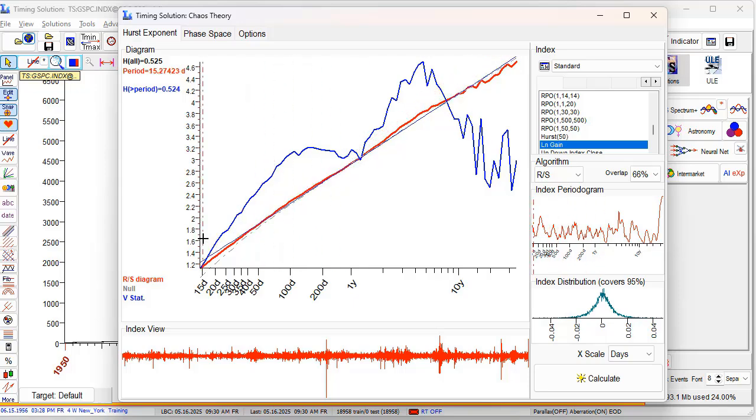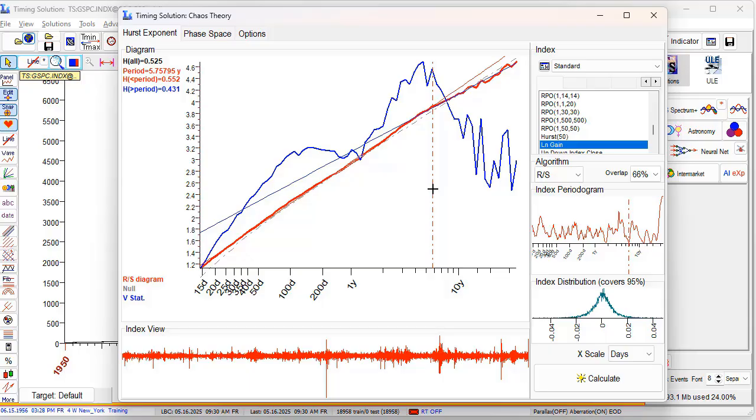And finally, what you should know, you should pay attention to this blue line. They call it V statistic. You see if this line is below, maybe here or here, it doesn't matter, not a big difference. The stock market changes from anti-persistent to persistent.